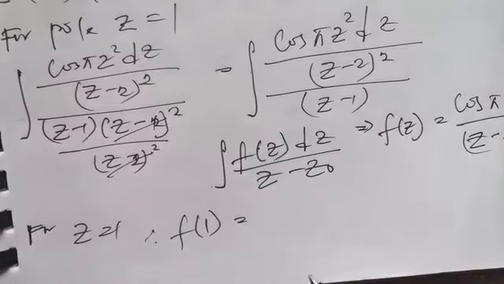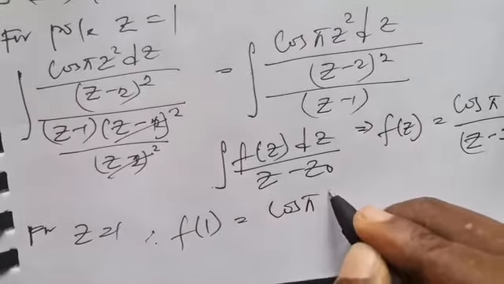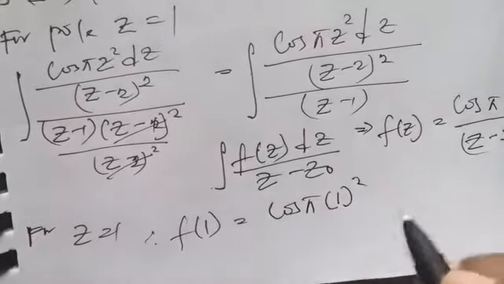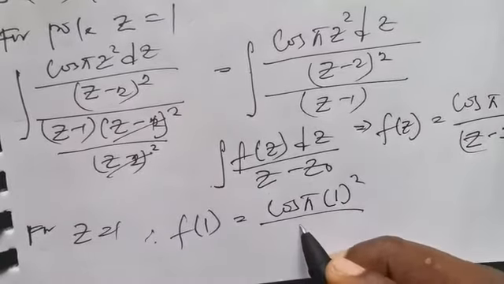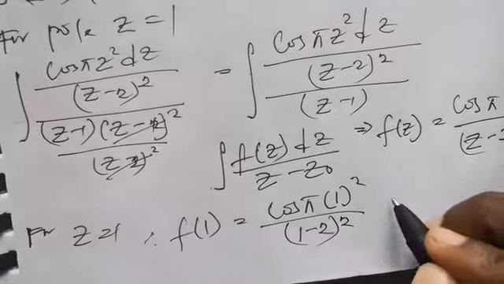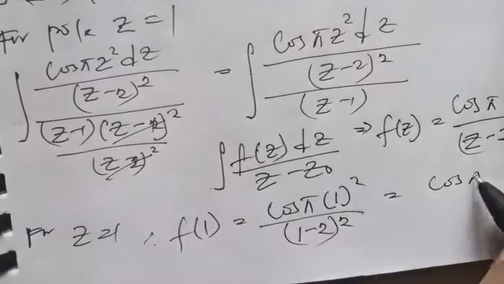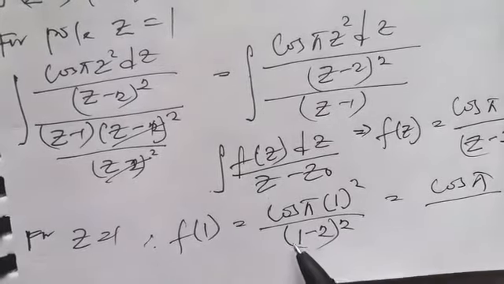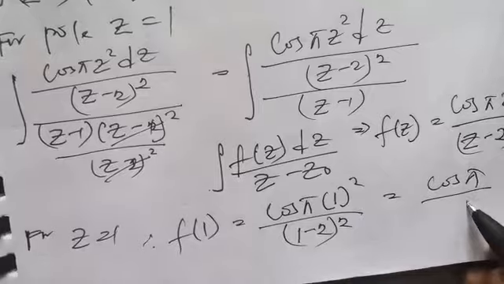So f(1) now becomes cos(pi times 1 squared) all over (1 minus 2) all squared. 1 squared is 1, so I'm left with cos pi all over (minus 1) squared, and minus 1 squared simply gives me 1.